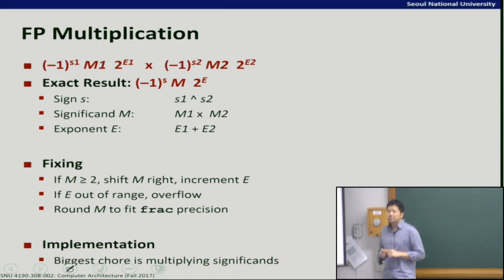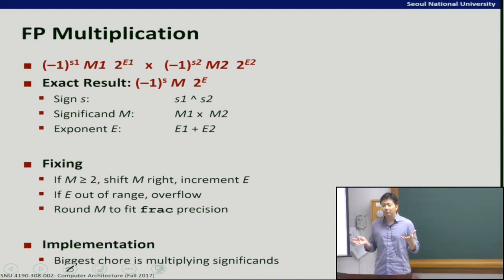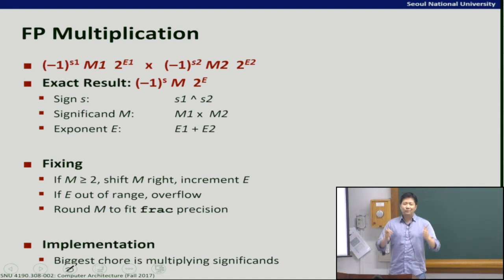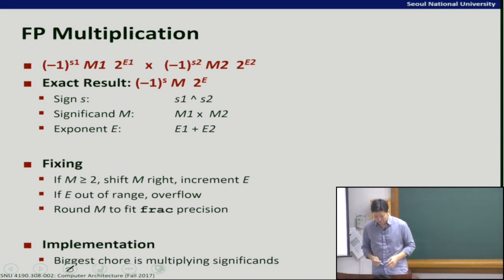So let's move on to the arithmetic for floating point numbers. The first one is about multiplication. If you successfully completed your high school education, you probably know how to do multiplication in scientific number format.